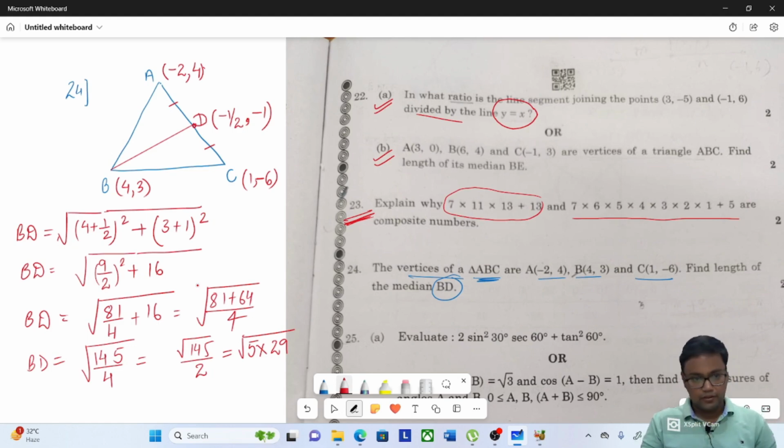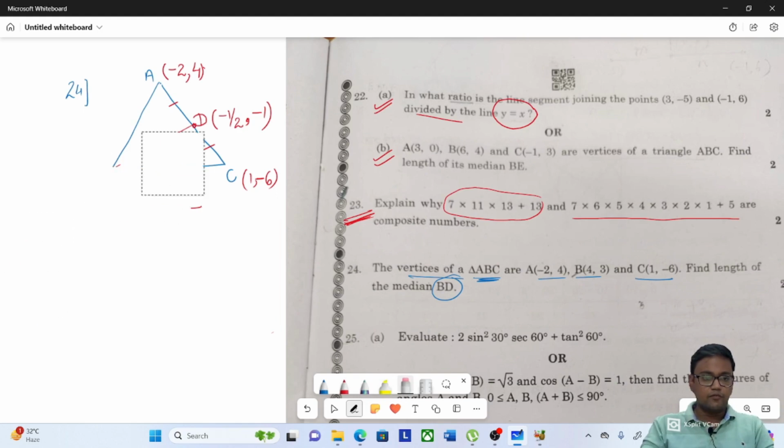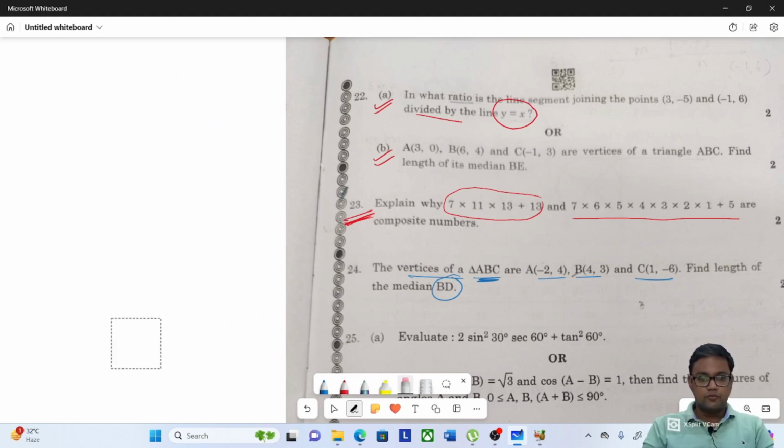So 145 cannot be broken down into several prime factors. So it will remain as it is, root 145 by 2. Okay. So let us continue with some other question. This was over.